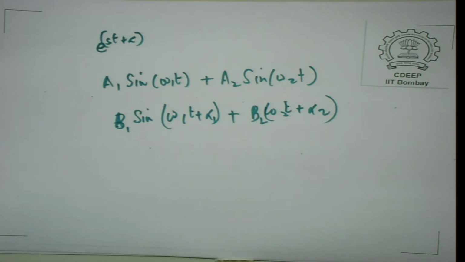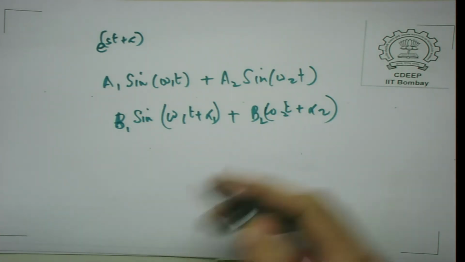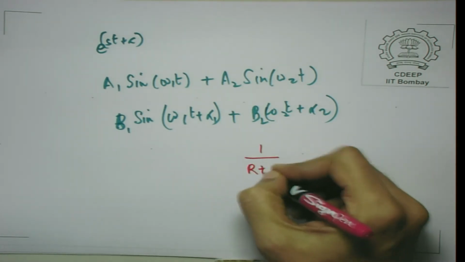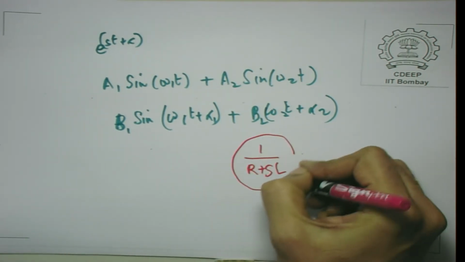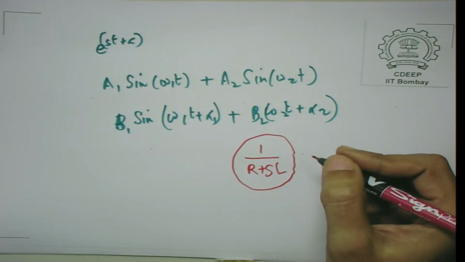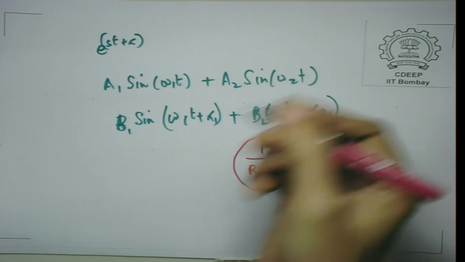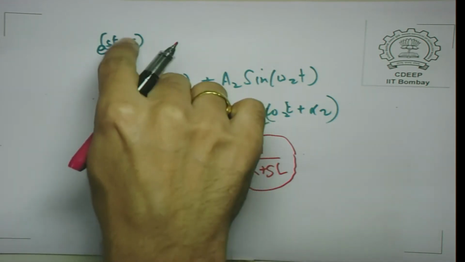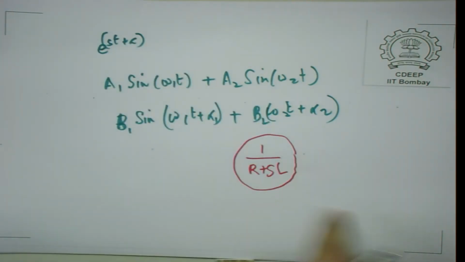Now, what is the frequency response? Frequency response is the sinusoidal steady state behavior if you evaluate it at various frequencies. For example, 1 upon R plus sL, if you take this as a transfer function, the factor which is multiplying the input, then the output will be, in that RL circuit, the current: 1 by R plus sL into e raised to st plus alpha.